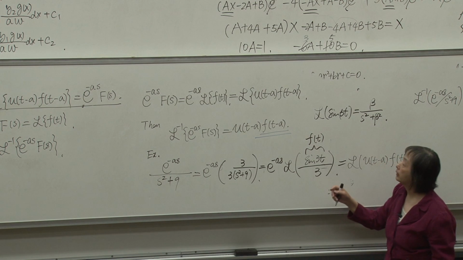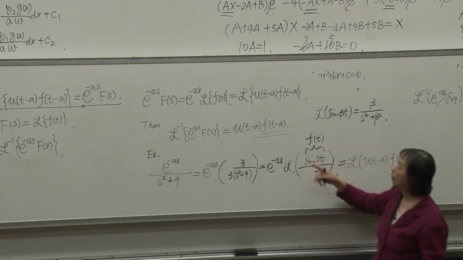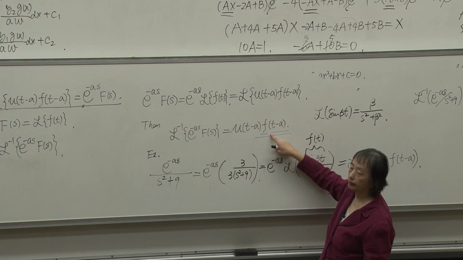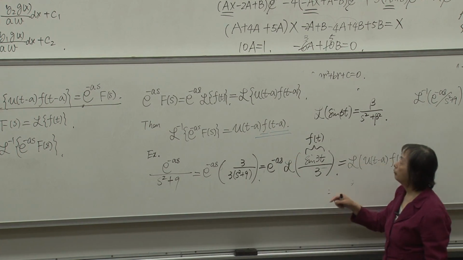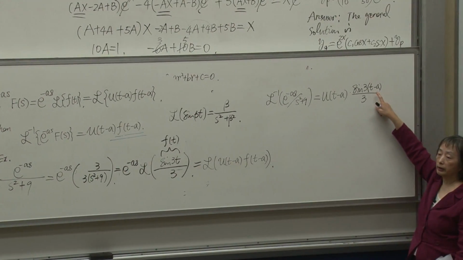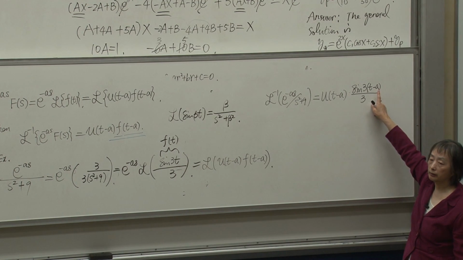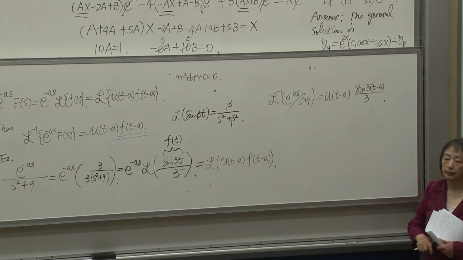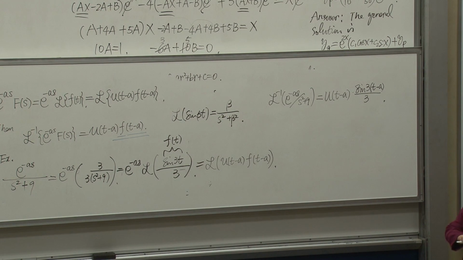So if we take the inverse Laplace transform, we get u(t-a) times f(t-a). When we recognize f(t), whatever t is, we replace t with t minus a. Do we have questions?